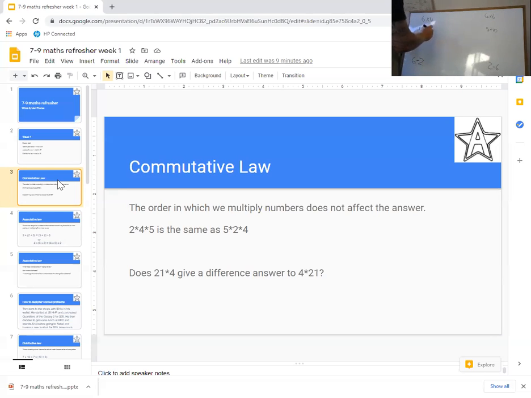What else have we got? So 1 minute to answer these questions that you can see on the board. And then I'll explain what the commutative law tells us.